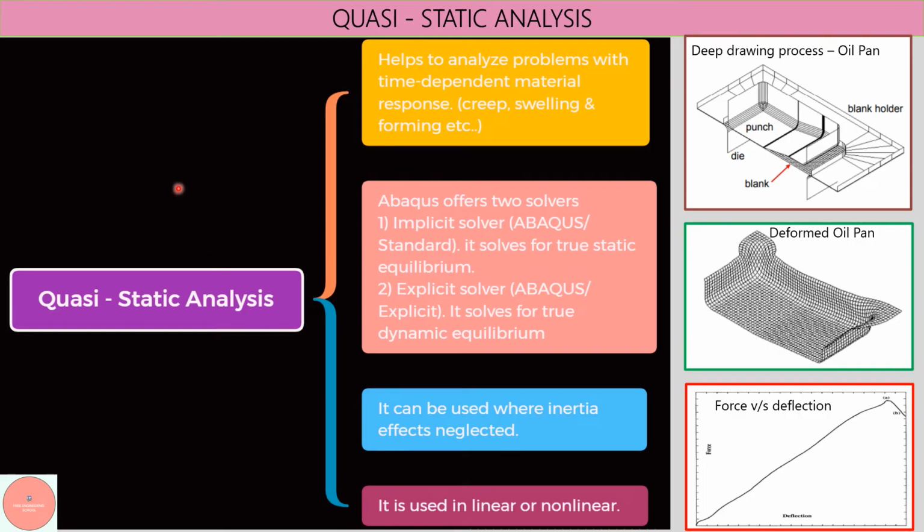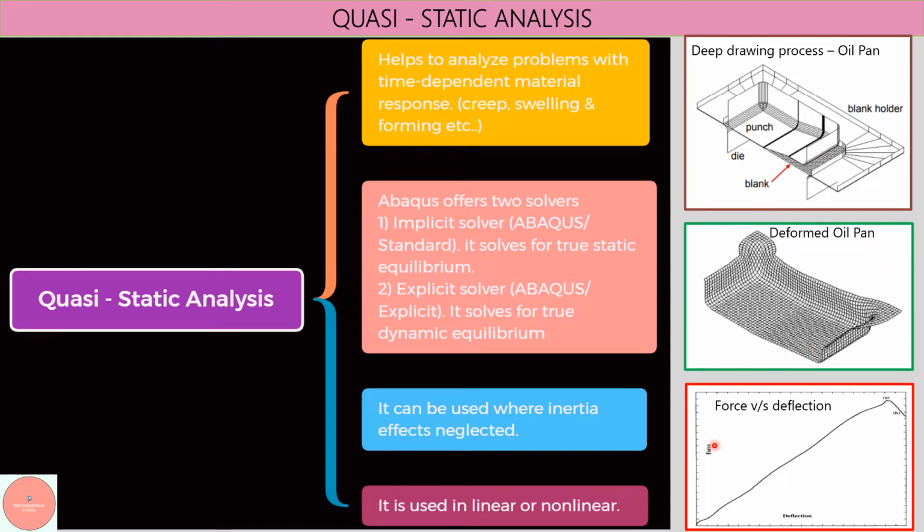As I mentioned in the previous slide, quasi-static will help us to analyze problems with time-dependent material response, for example creep or forming. Here I have shown the deep drawing process for generating an oil pan. It has an assembly of die, punching machine, blank sheet and blank holder. As we impose the displacement through the punching machine, you will get a defined oil pan as shown below.